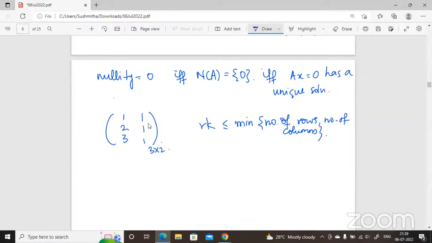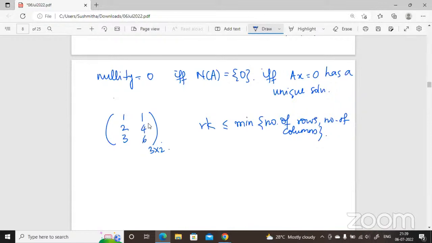It can be, right? The rank has to be less than or equal to the minimum of the number of rows and columns. Because what is rank? It is the number of linearly independent rows, or the number of linearly independent columns. The number of linearly independent columns cannot be more than the number of columns, right? And the nullity will be 0 over here if rank is 2. Yes, in this case, rank is 2, so nullity will be 0.